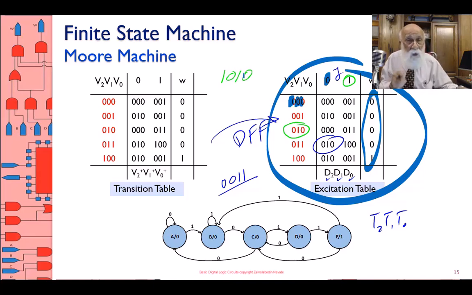Spot 1 0 1 0, what it requires for D2, D1, and D0: 0, 1, 1 in this order.